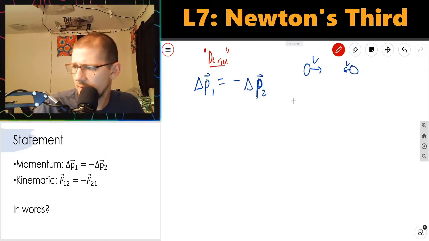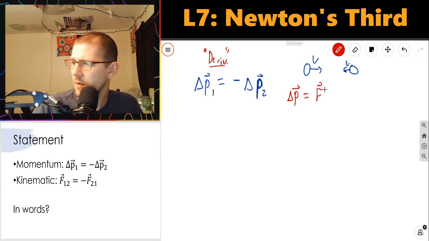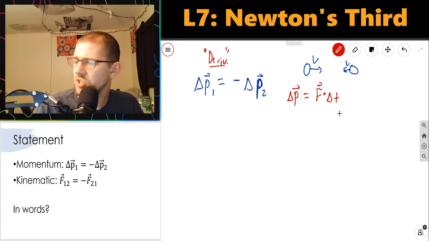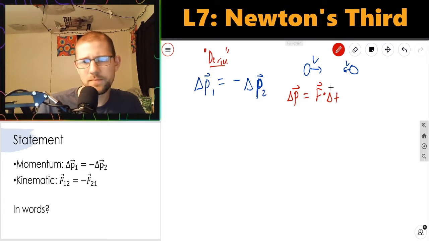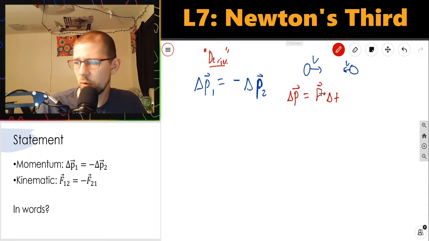So if I've got some body that is under the influence of an external force, the change in momentum of the body is given by force times change in time. So there's some force that's acting on the body over some time interval. And over that time interval, the change in momentum is given by the force vector times the change in time. The change in momentum is the force scaled by delta t.